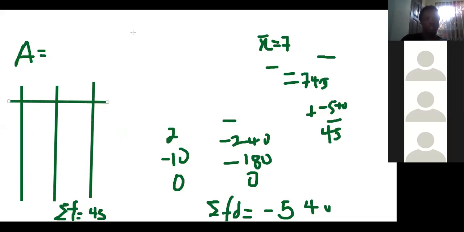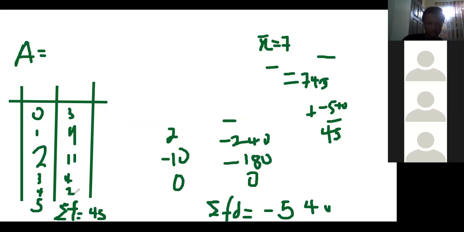So when I have something like this, here is 0, 1, 2, 3, 4, 5. Then in the table here, there's 0, I have 3, 9, 11, 4, 2, and 1 here.